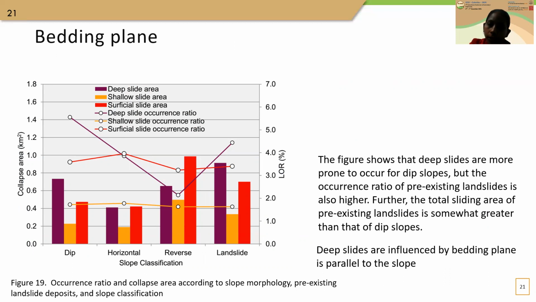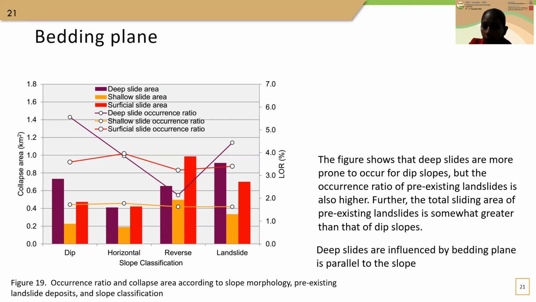According to these three slope types, we have analyzed the landslide occurrence ratio. In this figure, I have also considered the pre-existing landslides of the area, because pre-existing landslides have greatly changed the slope morphology and the strength properties of the ground.